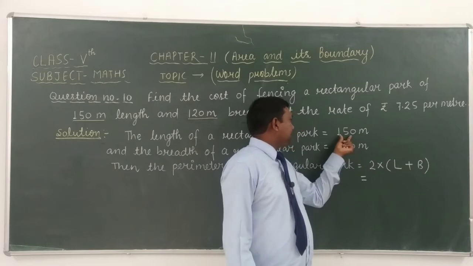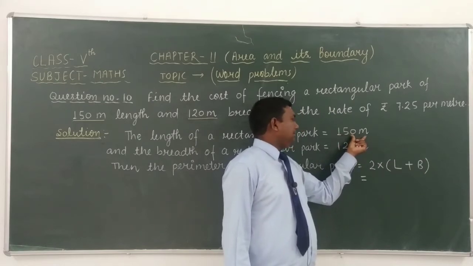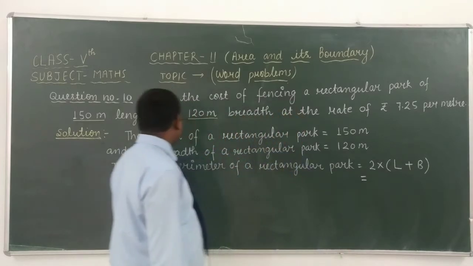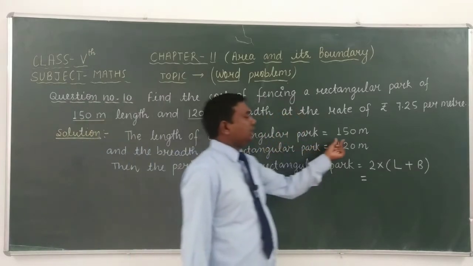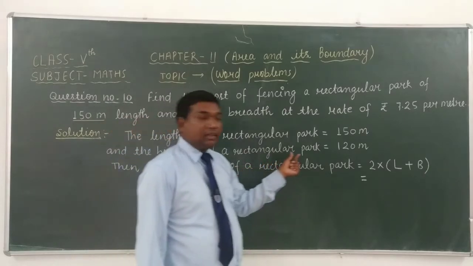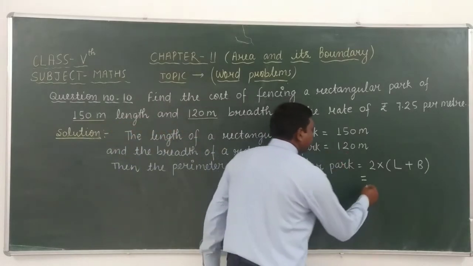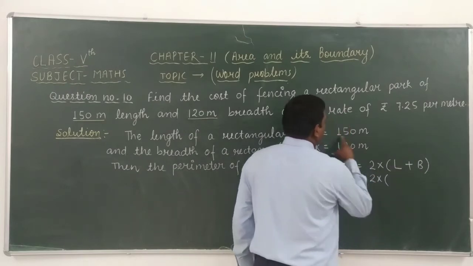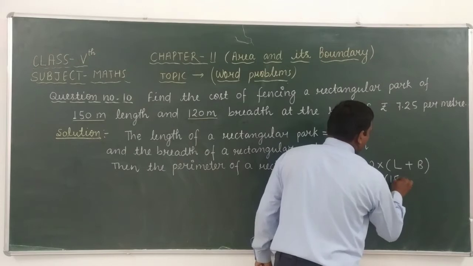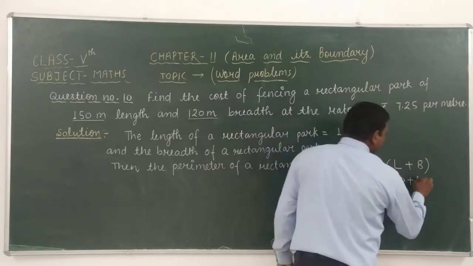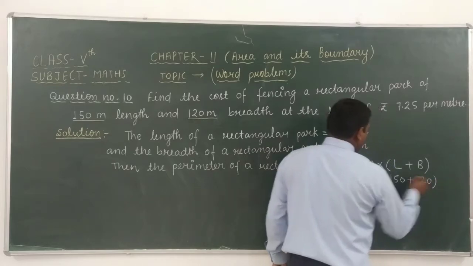We can write 150 meter in place of length, because it is given that the length of the rectangular park is 150 meter and the breadth is 120 meter. Then we write 2 into, in bracket, 150 in place of length plus 120 in place of b.